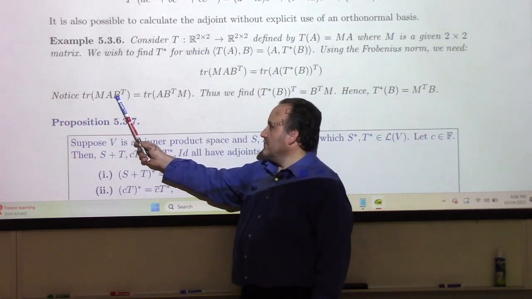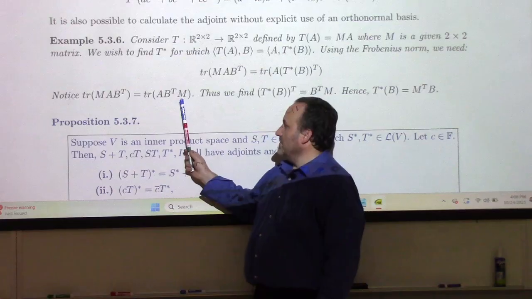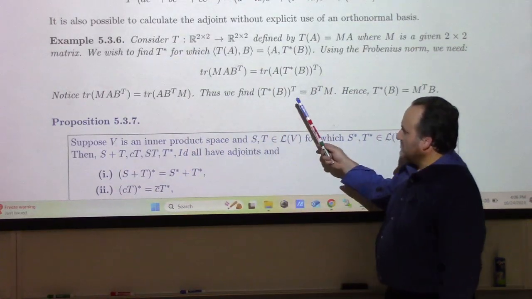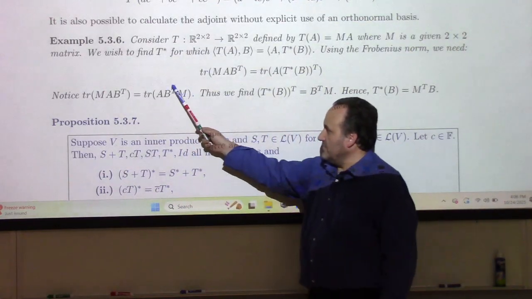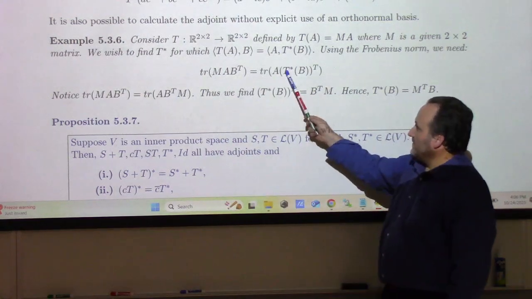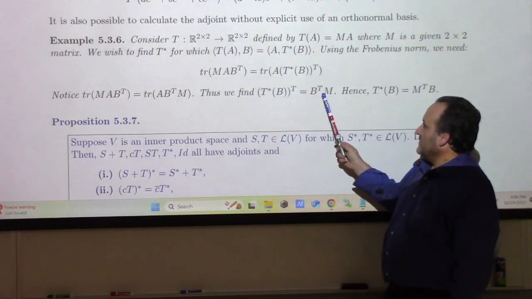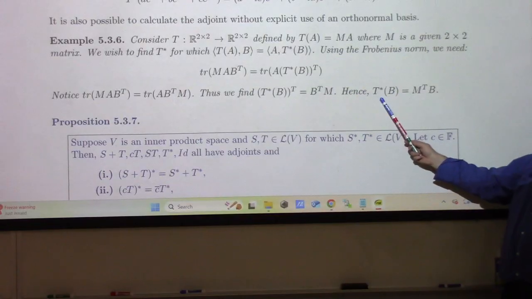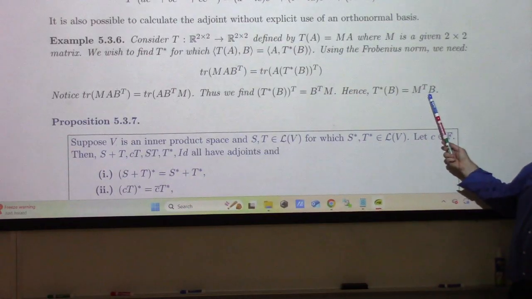M times this is the trace of this times M. And so once I've done that, I can see that this B transpose M must be the formula for T star B transpose, which then shows me that the adjoint of T here is just M transpose B.